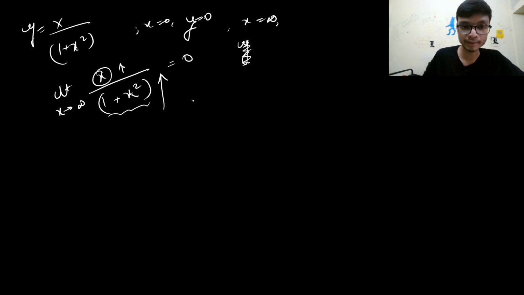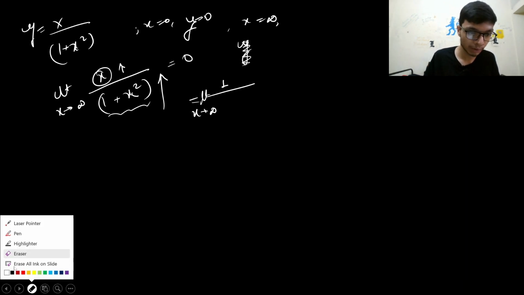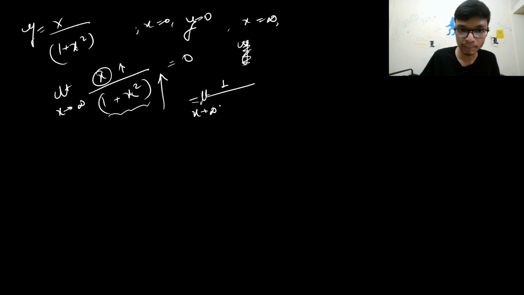We can also see this by taking the higher power common. If I take x common from the numerator, that will be 1 by x, and from the denominator we take x square common, so we get 1 by x multiplied with 1 over, 1 by x square plus 1.